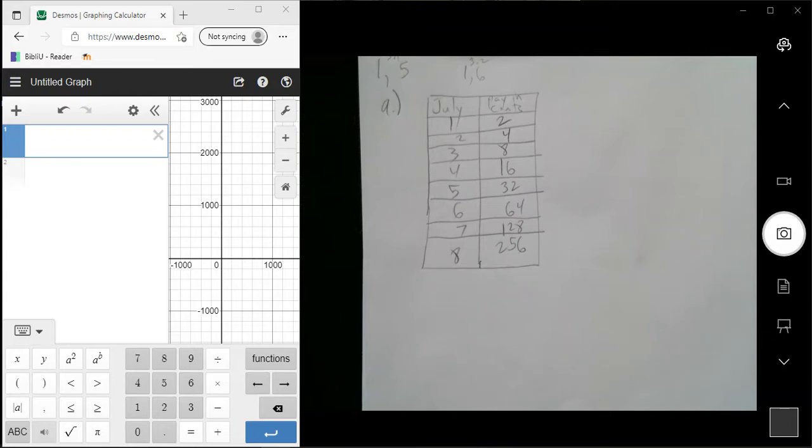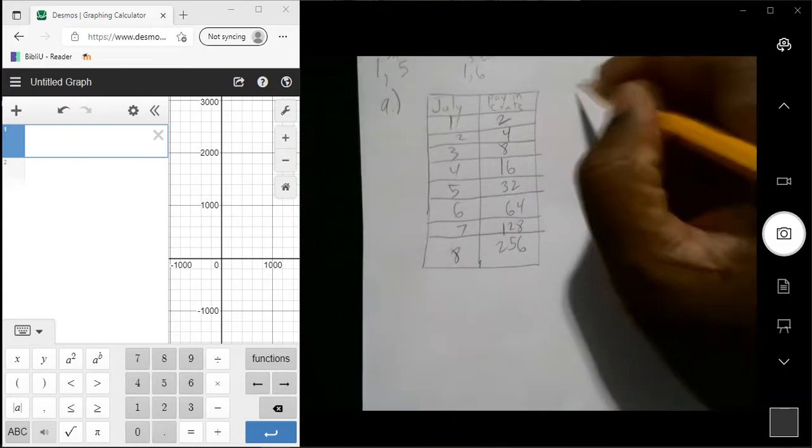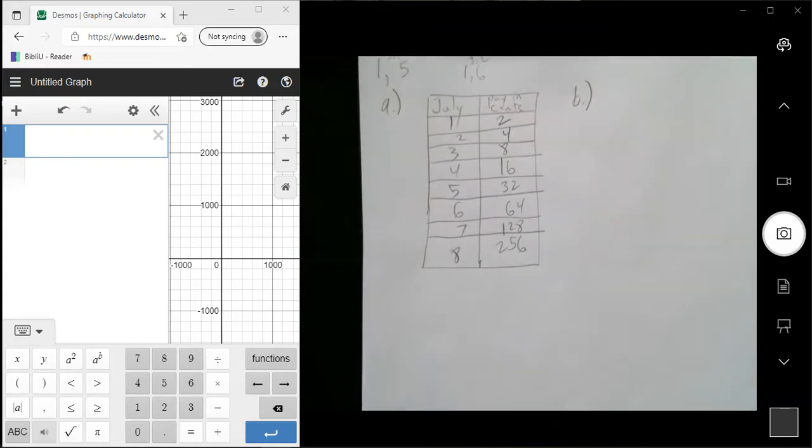Now, it says B. The pay on any given day can be written as a power of 2. Write each pay entry in the output column of the table in part A as a power of 2.